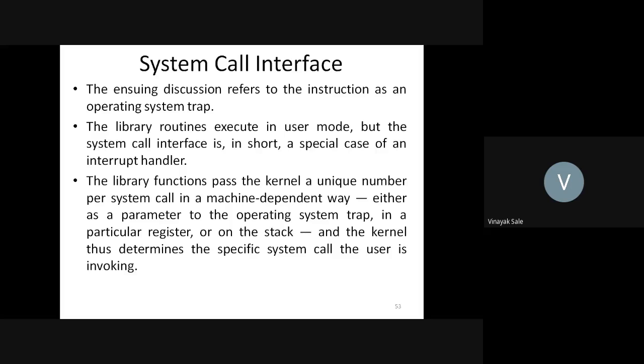The library routines execute in user mode, but the system call interface is in short a special case of an interrupt handler. The library functions pass the kernel a unique number per system call in a machine dependent way, either as a parameter to the operating system trap in a particular register or the stack, and thus the kernel determines the specific system call the user is invoking.